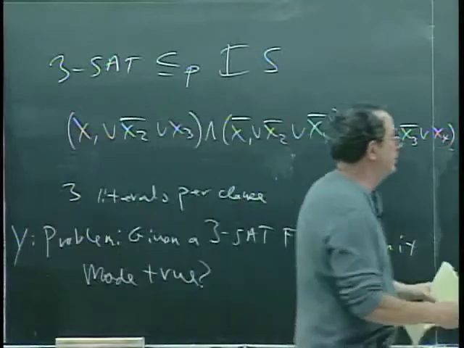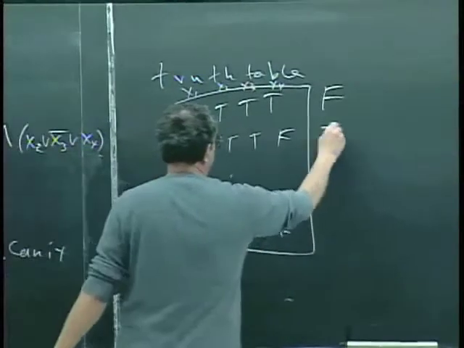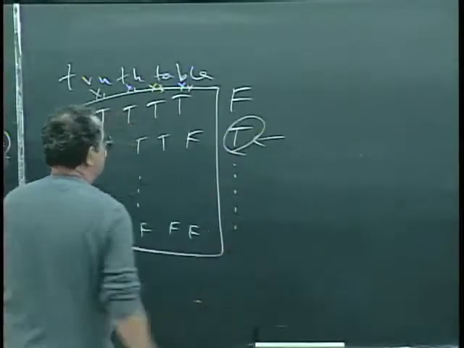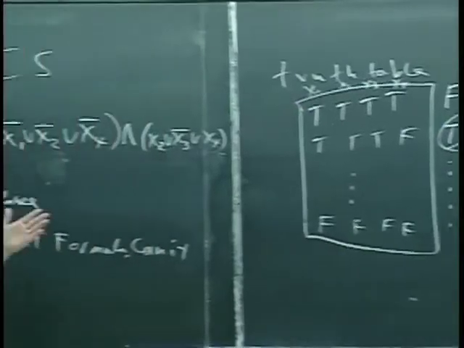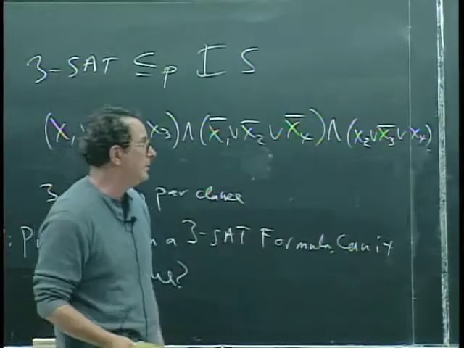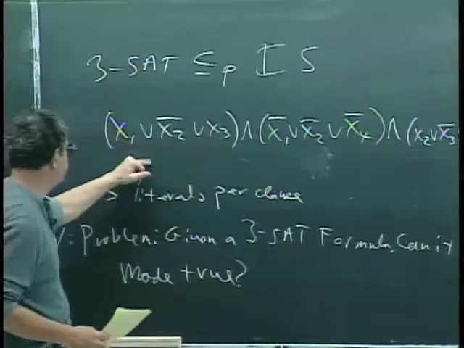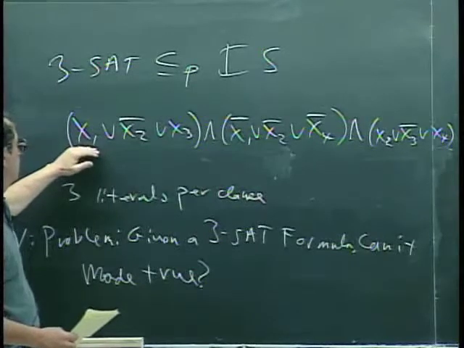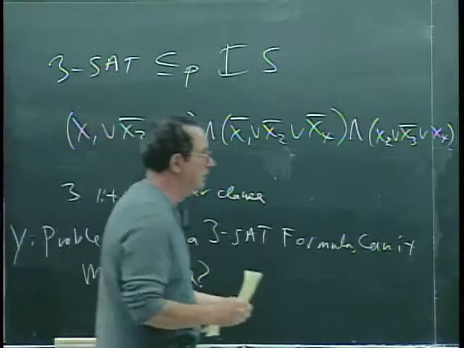So in this assignment it would be false, and in the next one it would be true, etc. The fact that you have one way to make it true means there's a way of satisfying this formula. That's an algorithm. It's certainly constructive. You could program it. But if n is the number of variables, then this has 2 to the n rows.